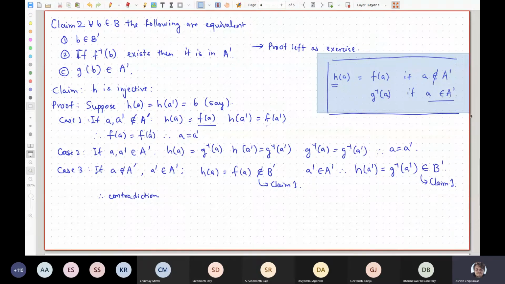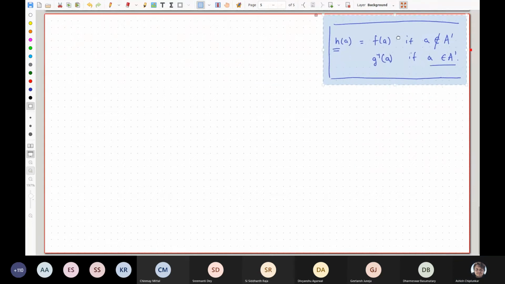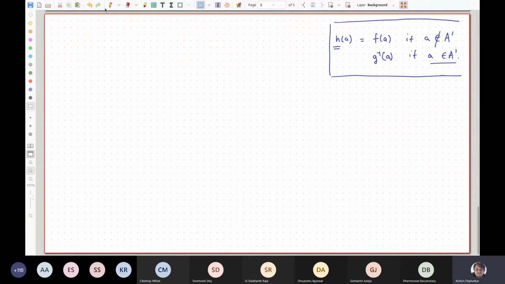Okay, so let us actually copy this on the next slide. Okay, so the claim now is that H is surjective. Right, so for every B in the set capital B, we want a pre-image under H. Okay, proof.